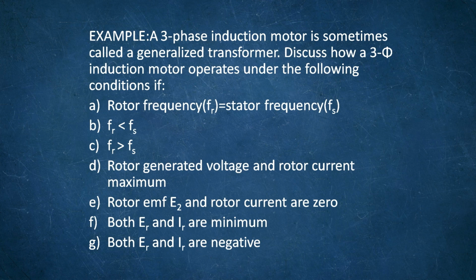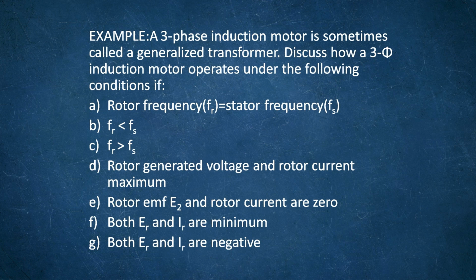So this frequency concept in a transformer: frequency remains constant, the frequency of the input power, the frequency of the output power, the voltage of the output secondary winding, the voltage of the primary winding, because the primary winding and secondary winding in the transformer are stationary.